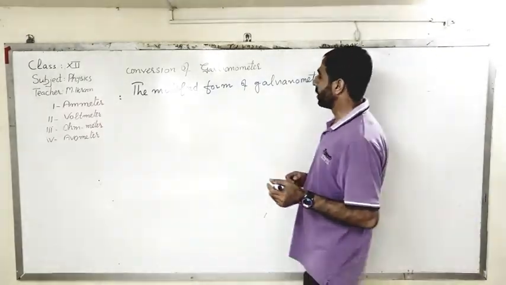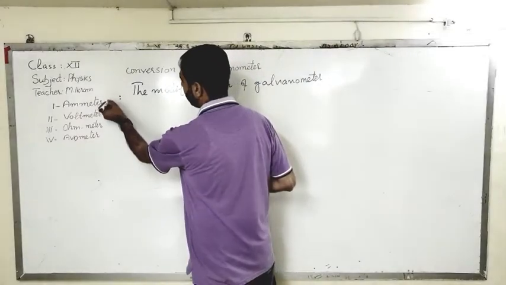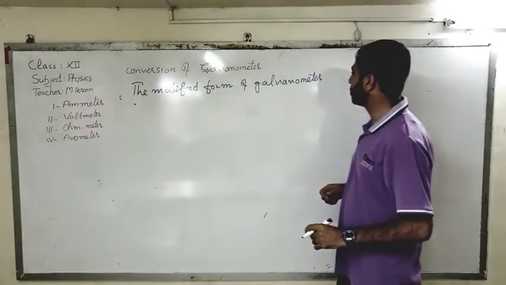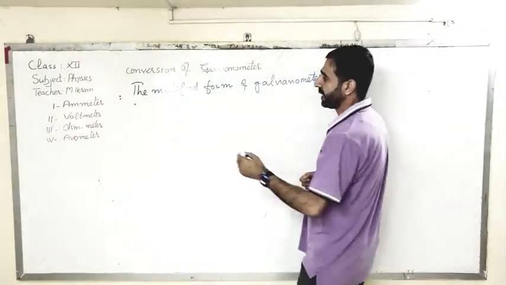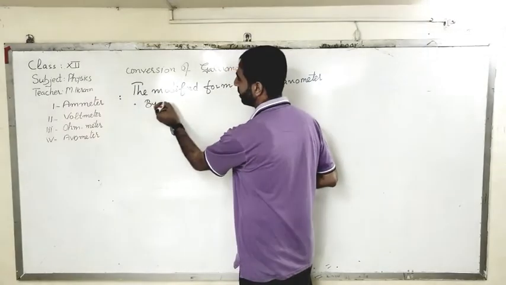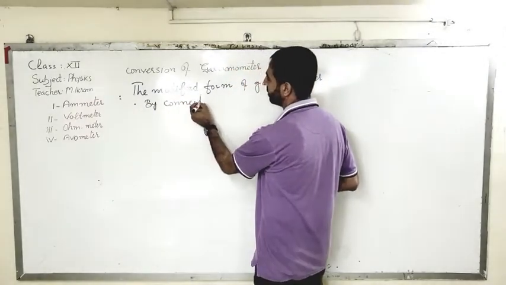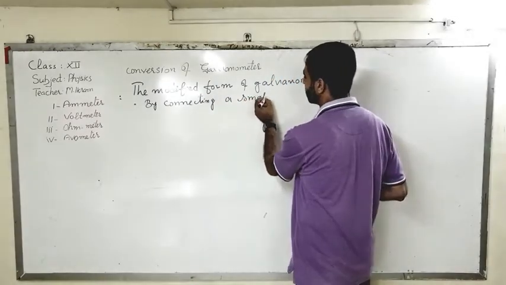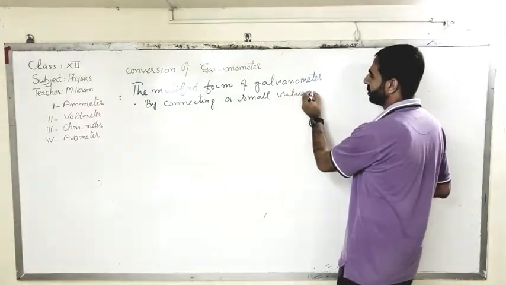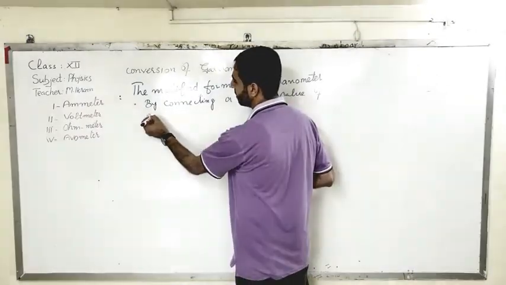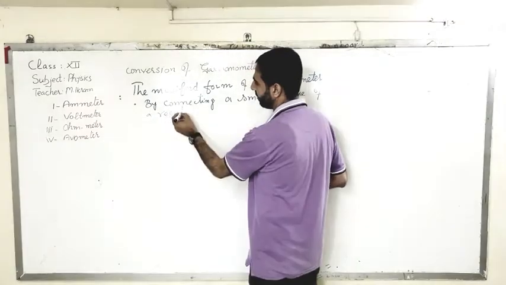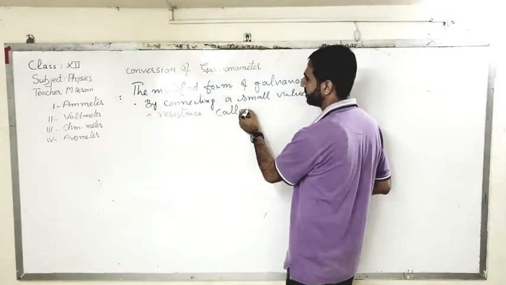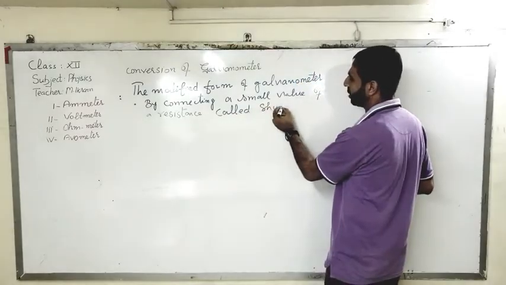Galvanometer can be converted into the ammeter by connecting a small value of resistance called shunt resistance in parallel with the galvanometer.